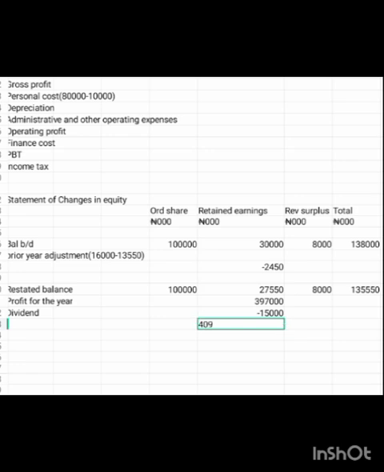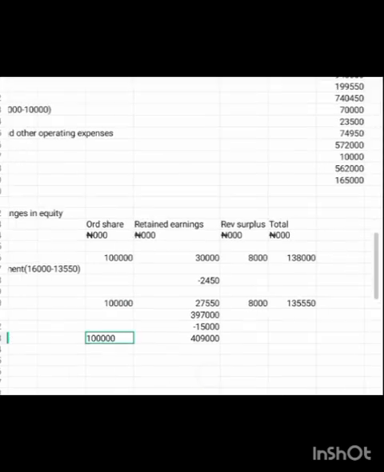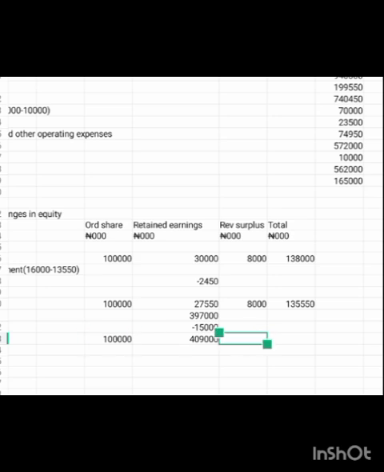409,000. This should be our total. So if we add this one together, this one will give us 100,000, and this one will give us 8,000, because we don't have anything that should be added.